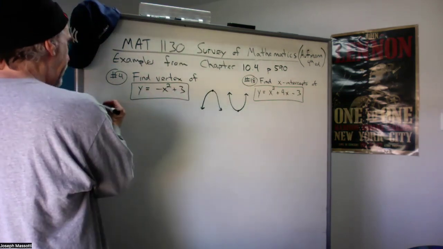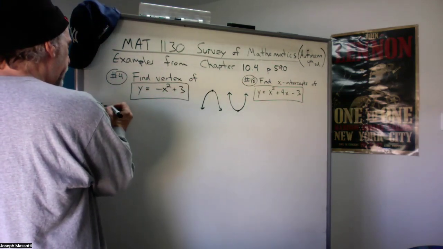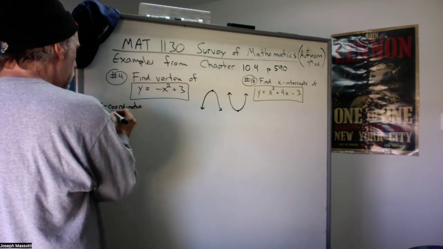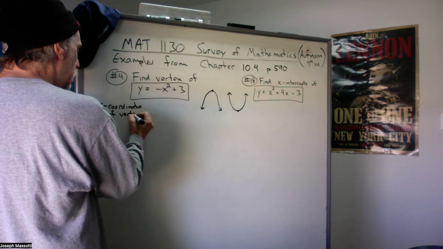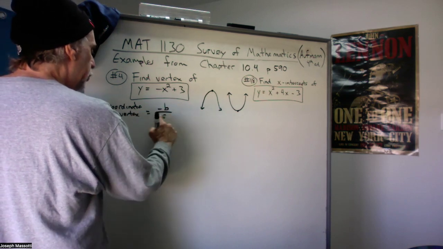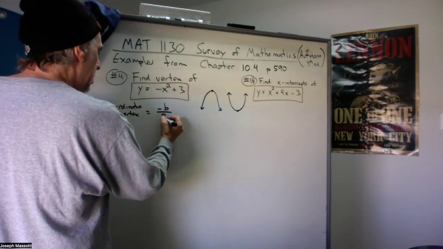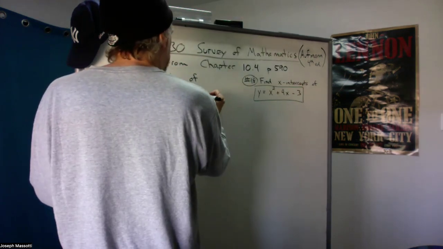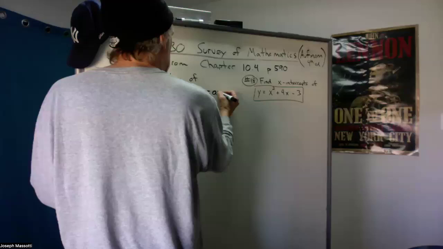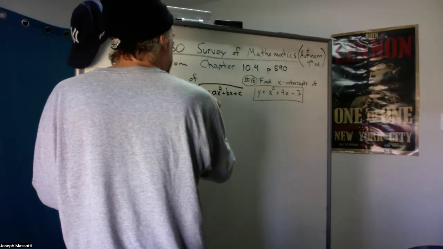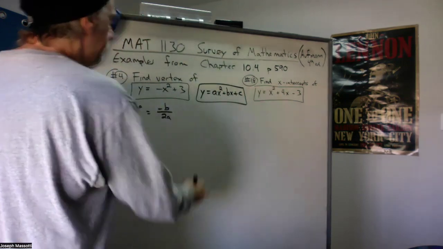So to find that, the x-coordinate of the vertex is going to be negative b over 2a. And remember, where we're getting these a's and b's, we're using the general form of a quadratic, which is this, right?